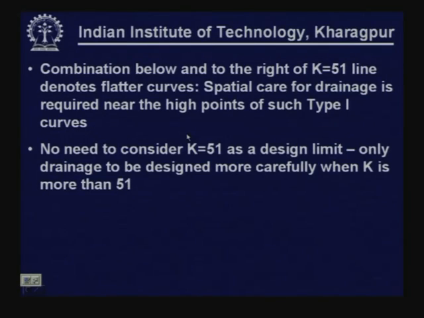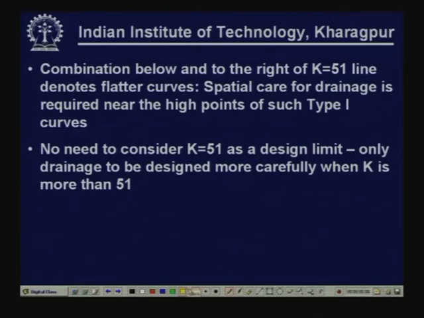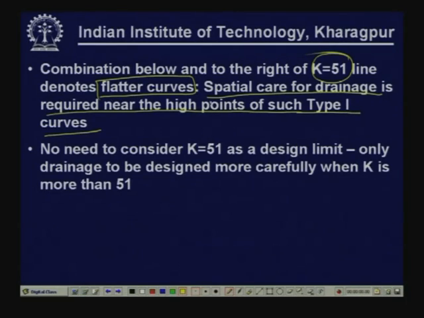If it is more than 51, then special care should be taken for drainage near the high points of such type 1 curves, because if k is more than 51, they are essentially flatter curves. So, special care is necessary for drainage near the high point of such type 1 curve.